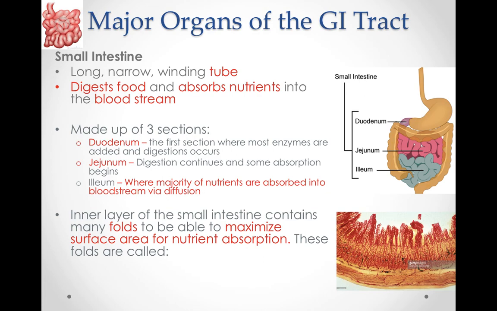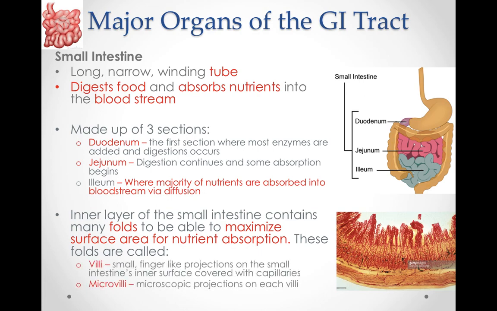The inner layer of the small intestine contains many folds to maximize the surface area for nutrient absorption. These folds are called villi and microvilli. Villi are the small projections, and you can see them in this image here.